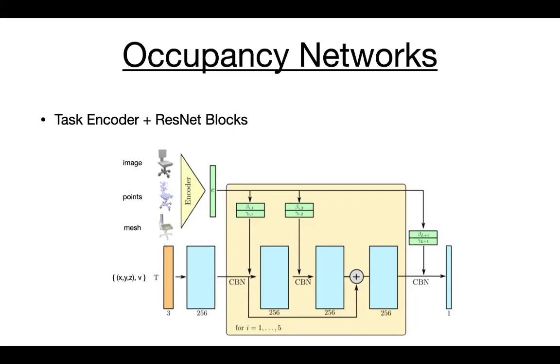It's not a convolutional network, it's a fully connected network using a ResNet type of skip connection. In that architecture, it has 5 blocks like that. They have batches of size T with the coordinates, and then here we have the code. And then it goes to these layers with 256 units until the end, right?